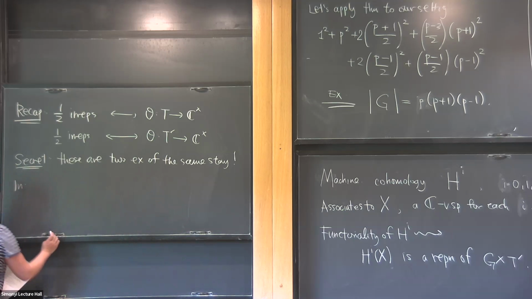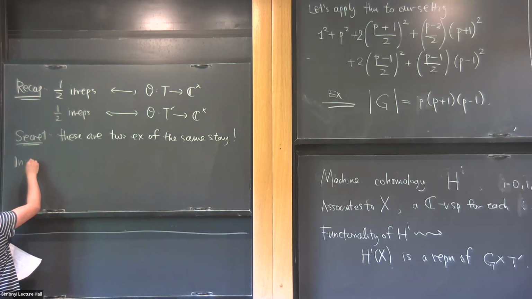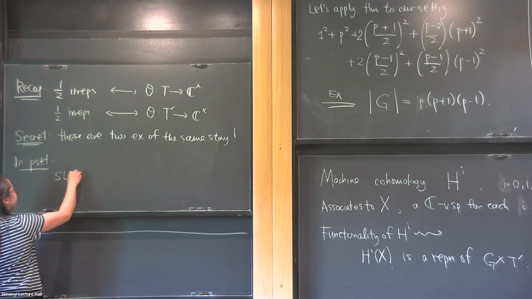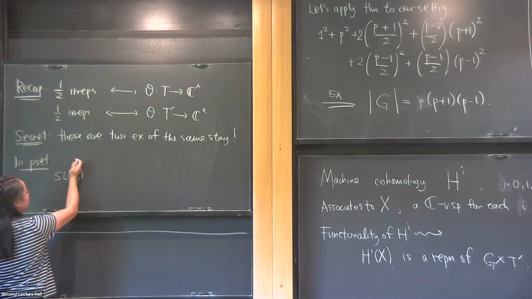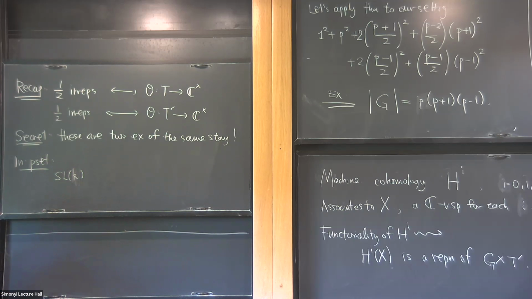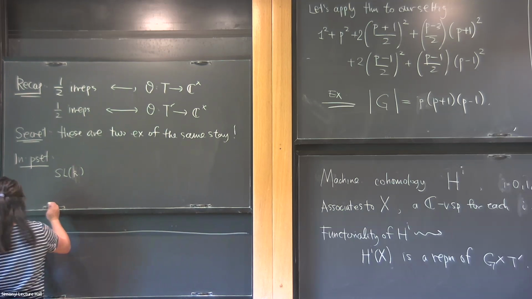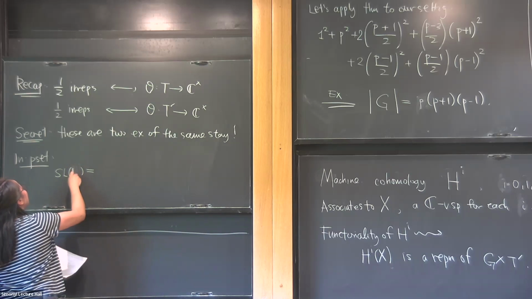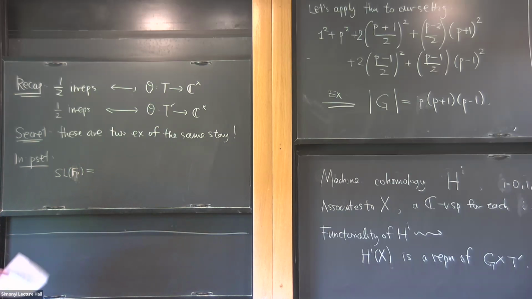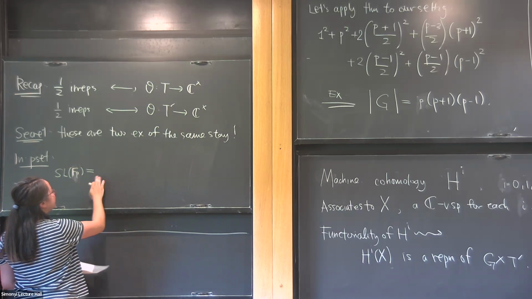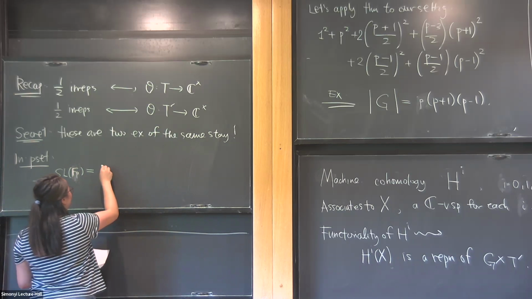So in the problem set, there will be a problem that tells you the following thing, is that SL2FP, but in fact, this is true for anything. So I'm just going to put a K here. But I think on the problem set it's written for FP, it will not affect the proof. This thing, I'm going to write it for FP and just know that you can change all the coefficients to something else. The SL2FP as a group has the following set theoretic decomposition.